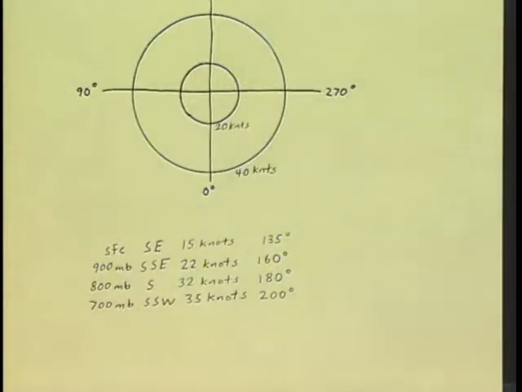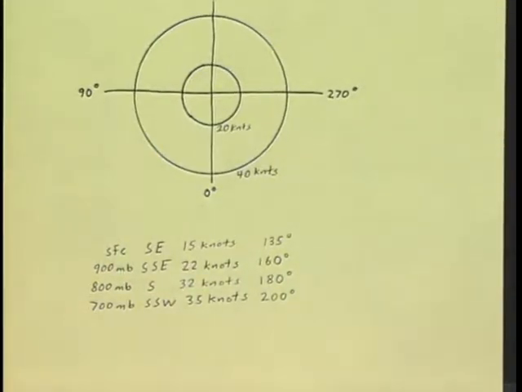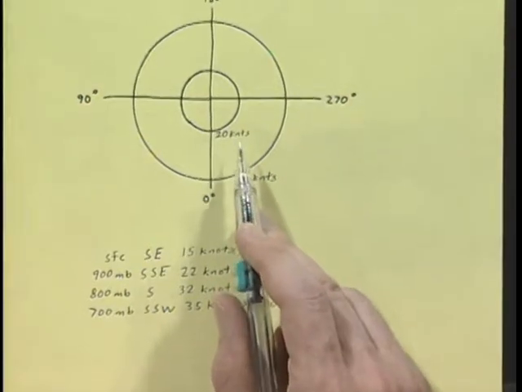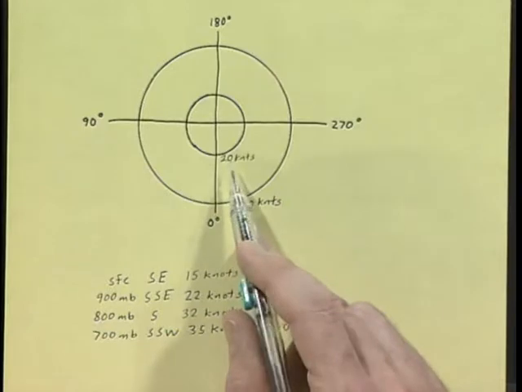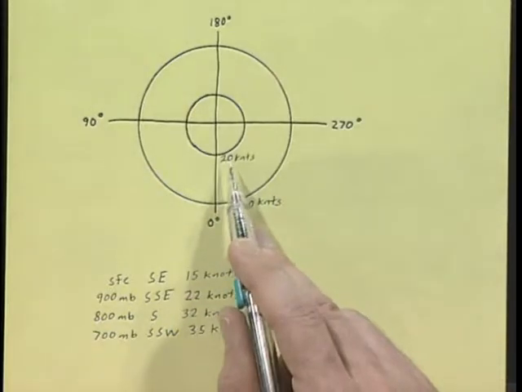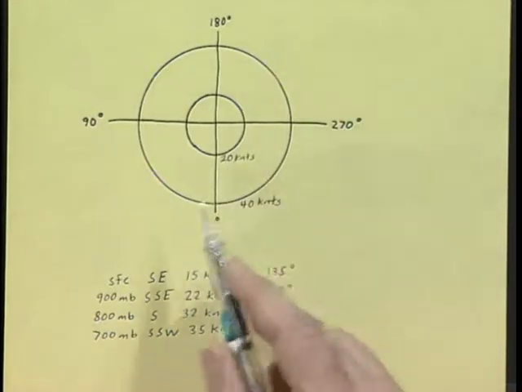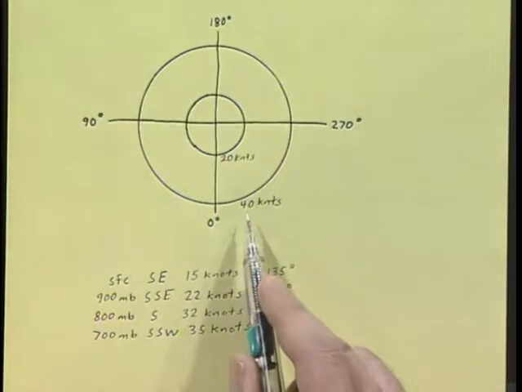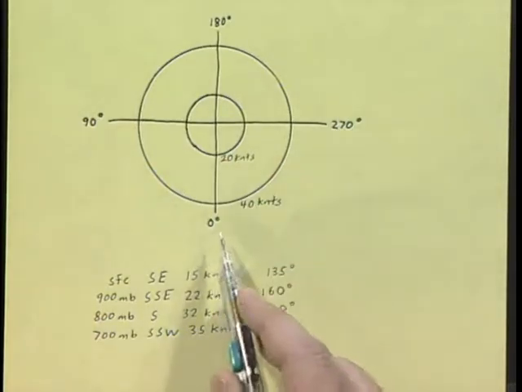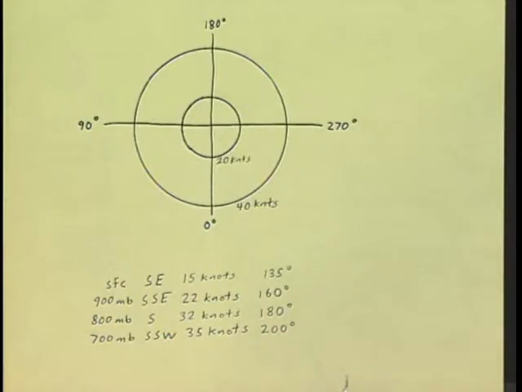And we're going to plot each one of these with a wind vector starting from the surface. We have our speed rings on here, and these are labeled in knots. So this first ring is 20, and this outer ring is 40 knots. And we have our degrees labeled on there.